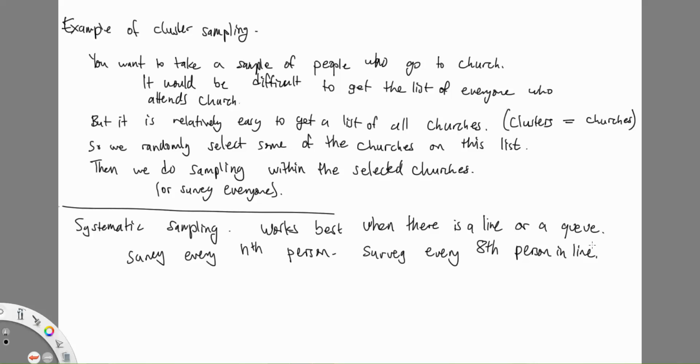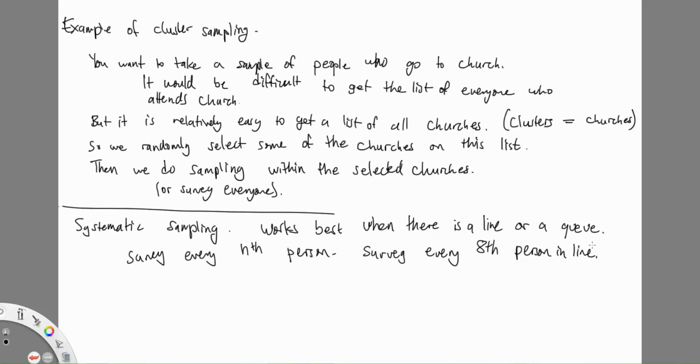So I might say, an elementary school has a bunch of students. They've got 30 different classrooms. They randomly select 5 of the classrooms and survey all of the students in each of the selected classrooms.